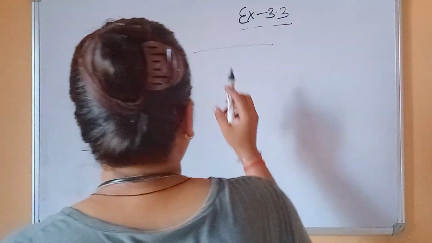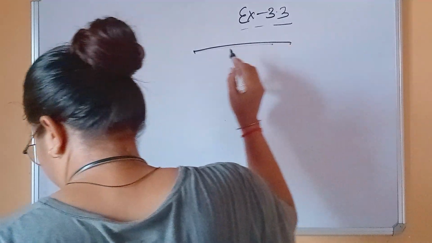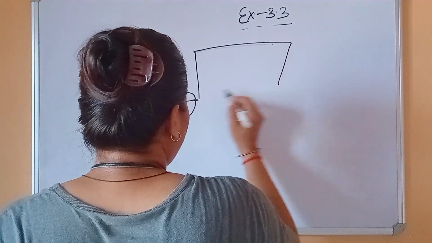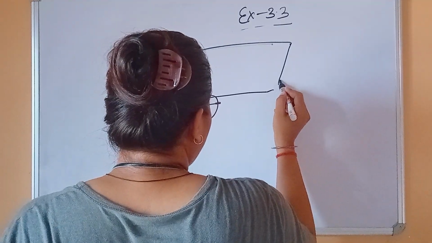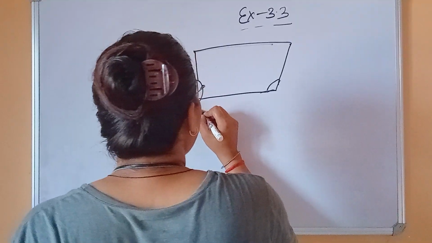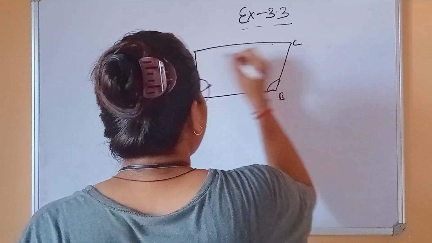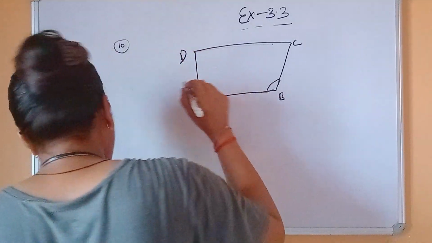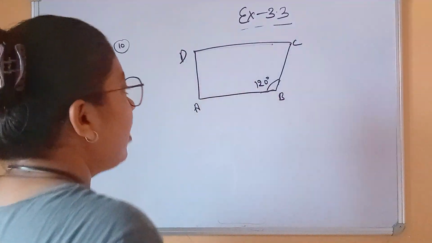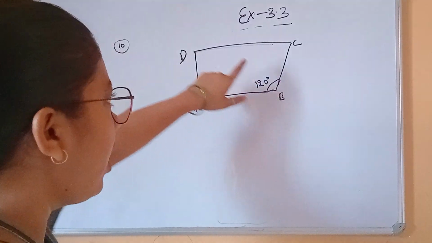So here we write one figure made DC. So here A, B. Okay. So here written A B C D, angle B is 120 degree. So we can say here only 120 degree is given, not any opposite side.